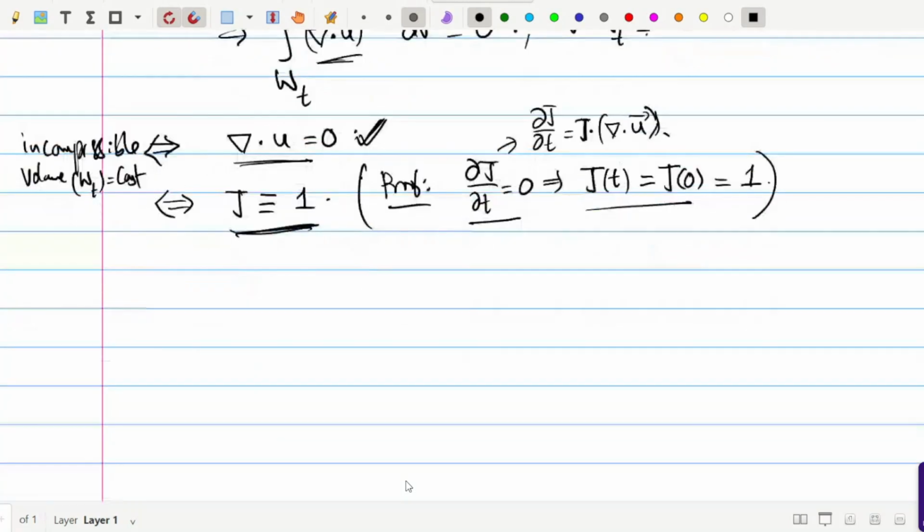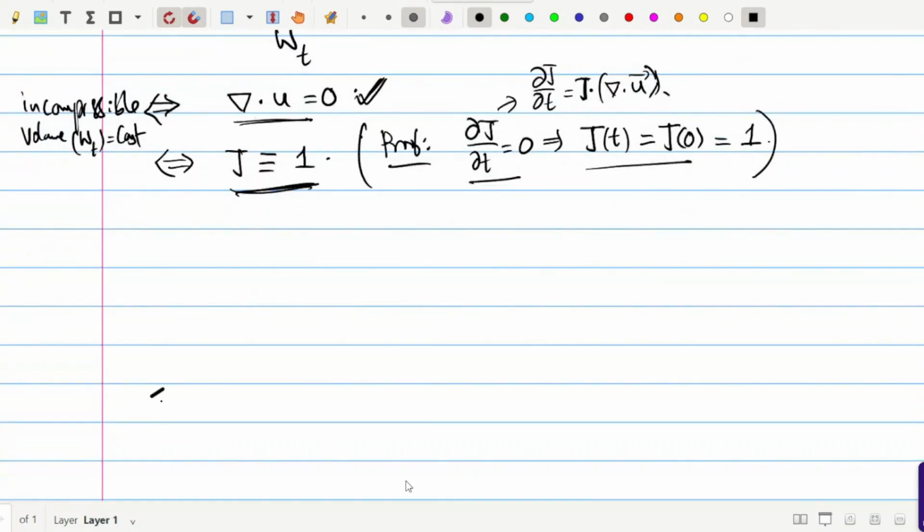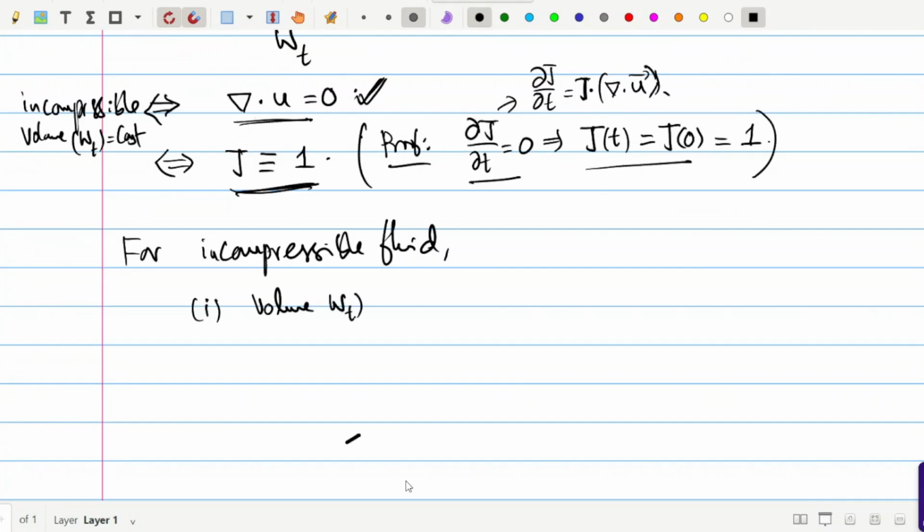So for an incompressible fluid, all these three statements are equivalent. A fluid is incompressible, whatever definition you give: the volume of W_t equals a constant. The second one, ∇·u equals 0.